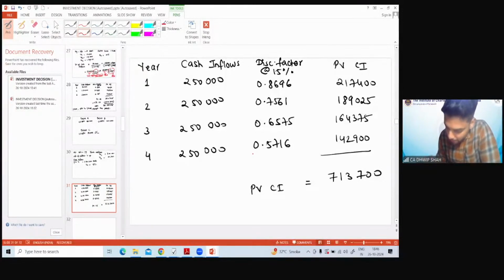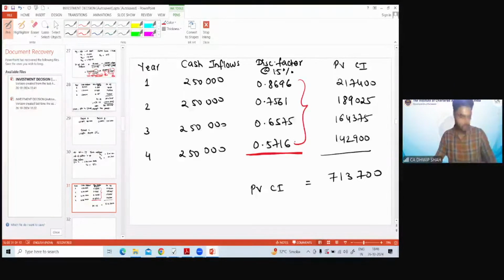Now see, I'm giving you one trick, one easy way to calculate this 713,700. Can you help me in totaling this discounting factor? Can you let me know the sum of this discounting factor? 0.8696 plus 0.7561 plus 0.6575 plus 0.5716.